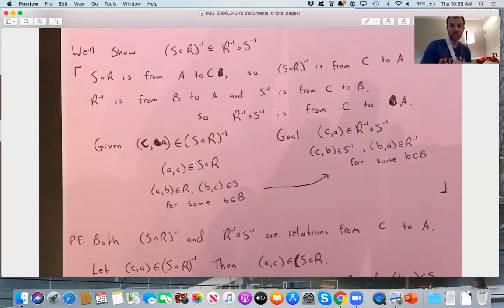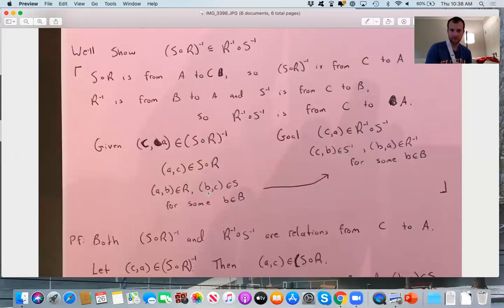So if (A,C) is in a composition, that means there's some third element B in capital B such that (A,B) is in R, A the first coordinate from the ordered pair we're talking about, B this new element, and then (B,C) is in S, B the new element, C the second coordinate from our original ordered pair. So if we know that a pair is in a composition, then we know that two other pairs exist in the two composed relations, and they share this common element in the middle.